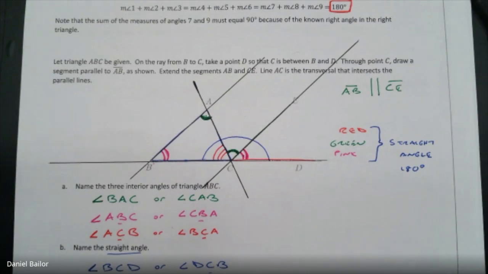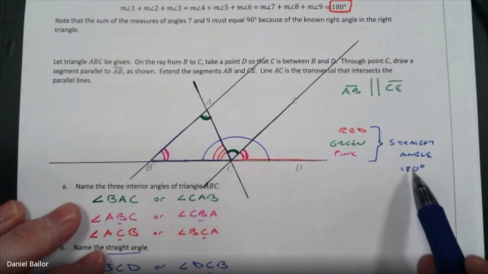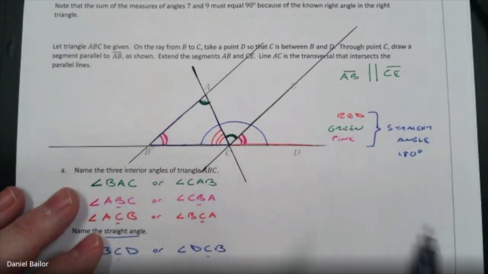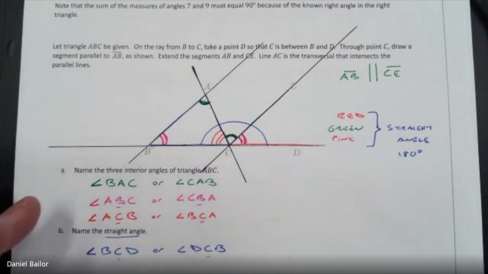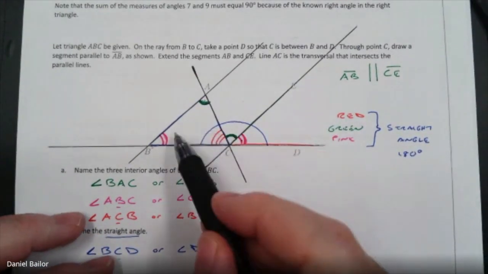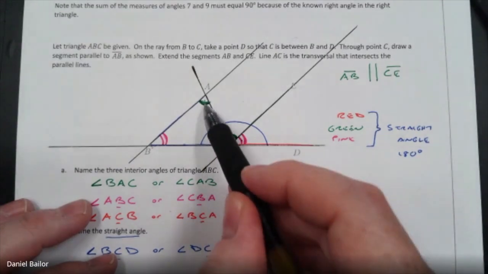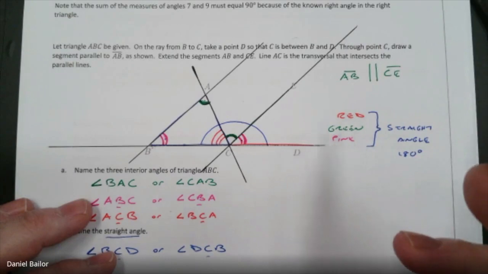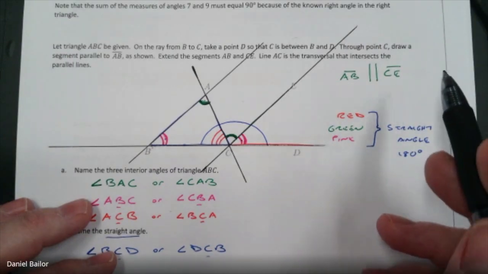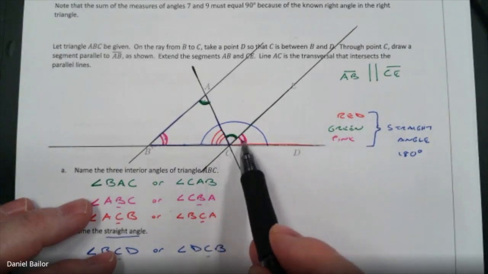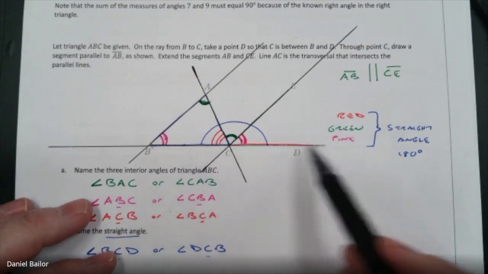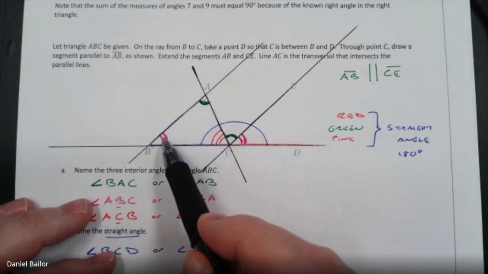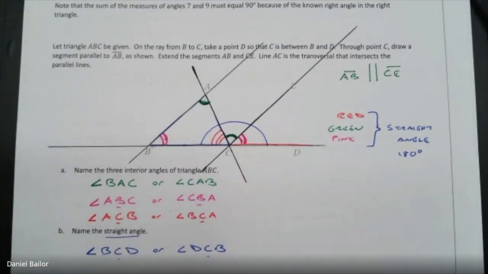Because if you look, red, green, and pink make 180 degrees, but inside the triangle, inside triangle ABC, also has red, green, and pink. So this is how you prove that a triangle has 180 degrees. Because red, green, and pink made a straight line to be 180 degrees, but red, green, and pink are also in the triangle.